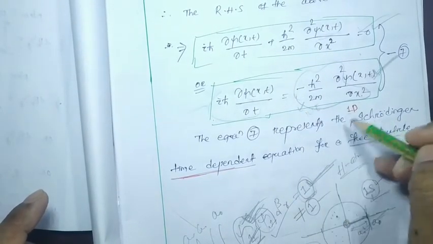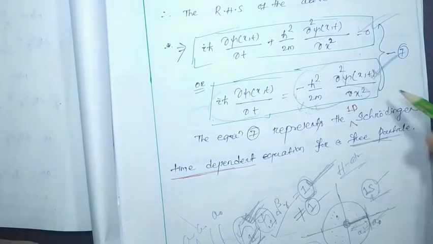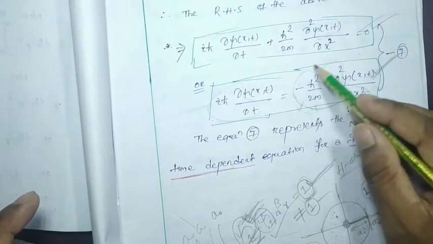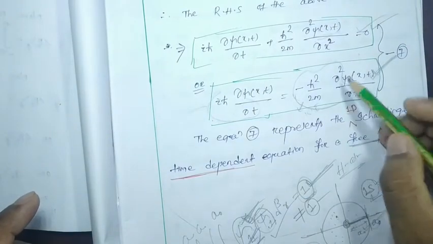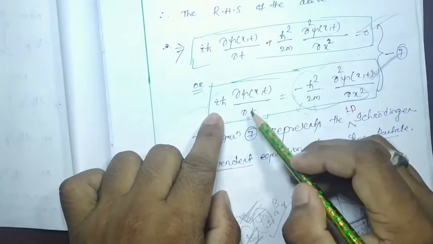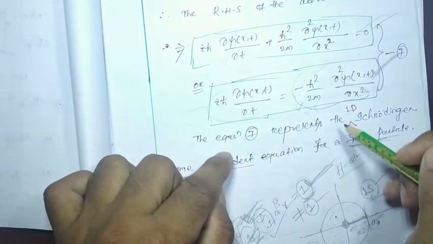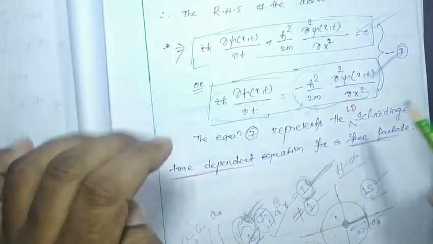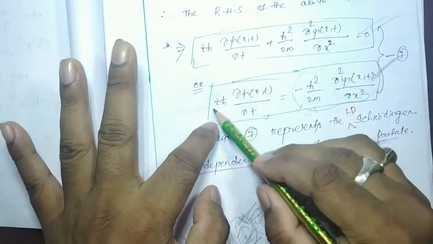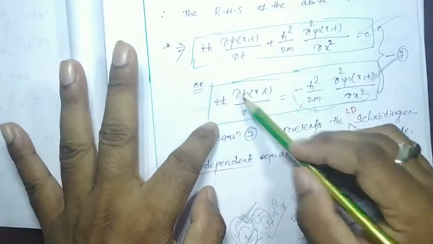As it is a free particle, the potential energy is 0. That means total energy is nothing but kinetic energy only, and the left hand side is equivalent to iħ del by del t. So from the time dependent Schrödinger equation, we found that total energy can also be represented by iħ del by del t.